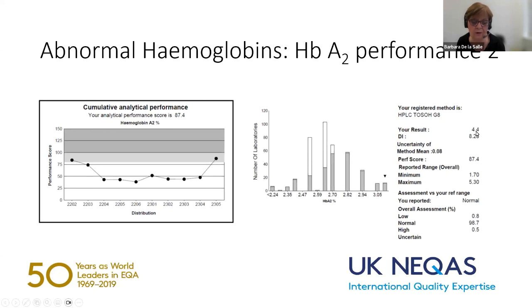But this was not something that would have caused a problem had it been a patient's result, because they would not be manually data entering. However, this is where it is worth looking at the high DI value and then delving in and looking at what's caused that, which is to actually explain that there is nothing wrong with the particular assay.